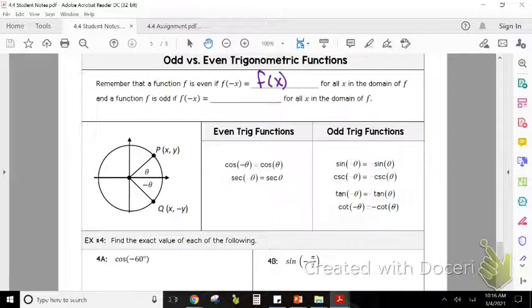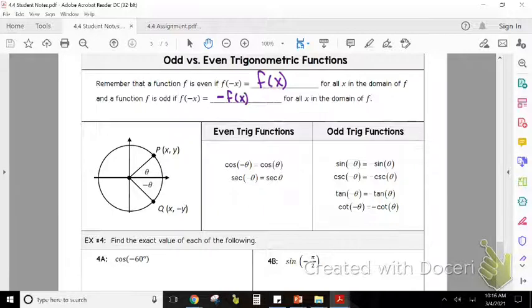Because if I plug in negative x or positive x, I'm going to get the same answer. And then we had said a function f is odd if f of negative x is equal to negative f of x for all x in the domain of f. That was where we plugged in negative x. We got the same digits, but all of our signs changed. So all the positives became negatives, all the negatives became positives. That was how we knew it was odd.